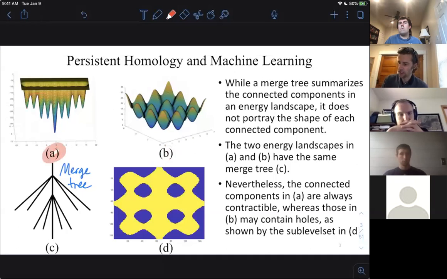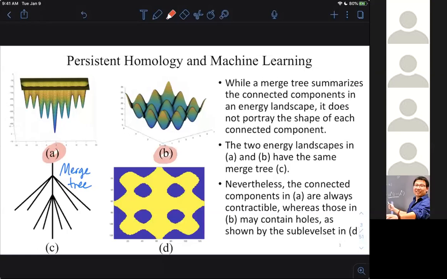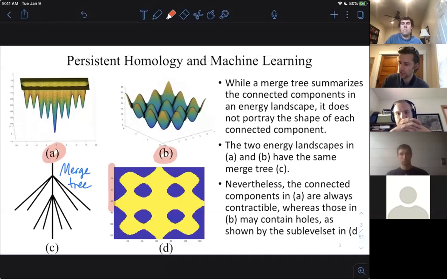So both A and B have the merge tree as drawn on the bottom left. But some of the connected components in example B really have this Swiss cheese-like behavior. Some of the connected components in the energy landscape B have holes in them, and the merge tree is completely ignoring those holes. It's only keeping track of connected components, not holes as well.